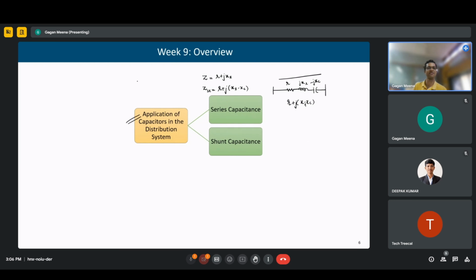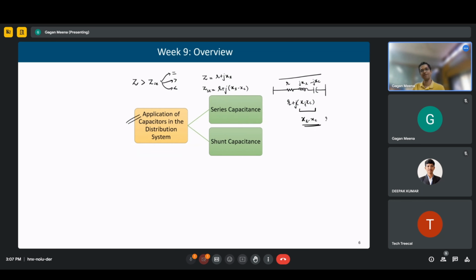What is the relationship between Z and Z series? Equal, greater or less? Z is greater than Z series. Yes, correct. After using the series capacitor, this impedance reduces because we are having XL minus XC.